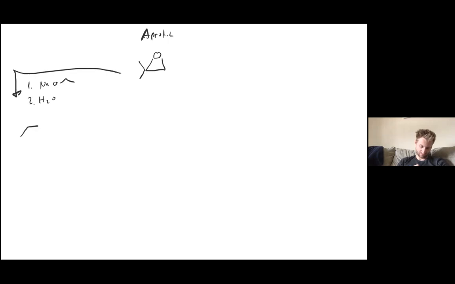We have two different epoxide opening possibilities. Our aprotic one is going to be where we're adding in things like Na ethoxide here. These could be opening in a less substituted position.